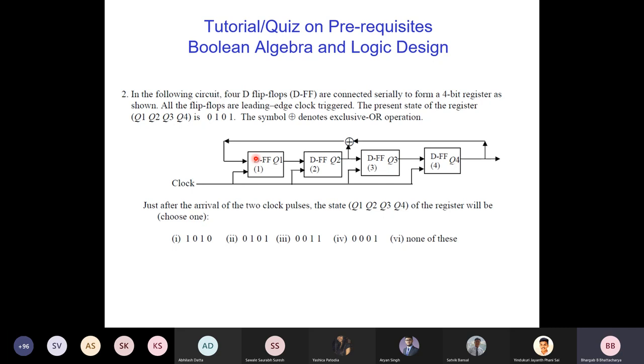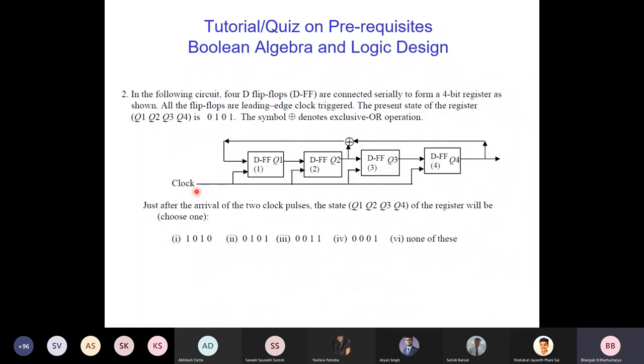Because this is some kind of memory element which can store one bit, 0 or 1. So the initial state of this machine is Q1, Q2, Q3, Q4, and those values are given here. Initially, this is 0, this is 1, this is 0, this is 1. So that is my initial configuration.